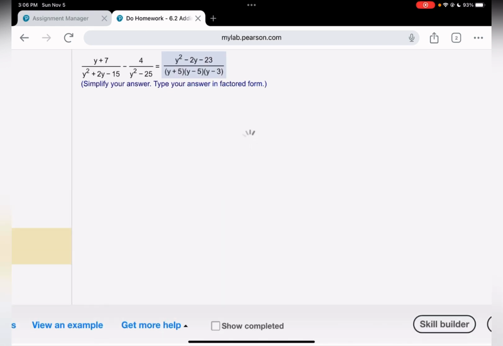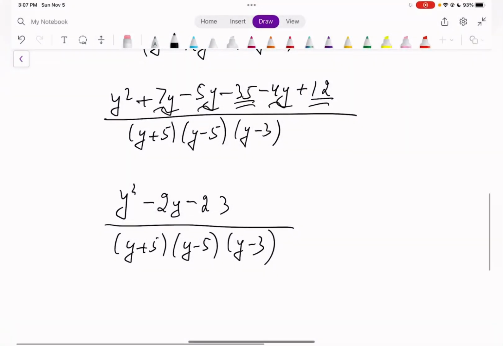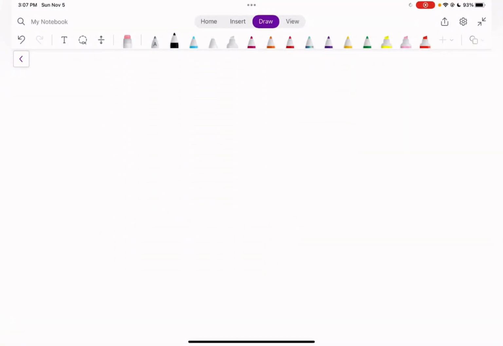Okay, next question. Question number 7. All right. Taking a picture. Okay, let's see how we're going to solve this one. So 7 over y squared minus 2y, is it the same way?